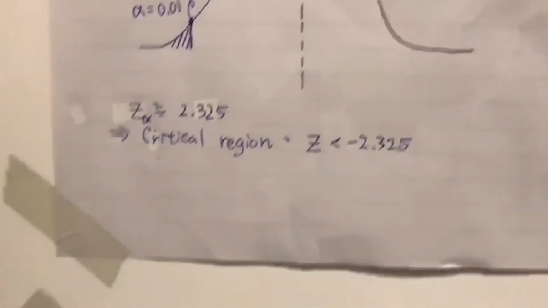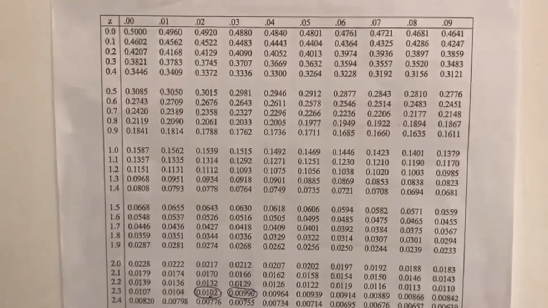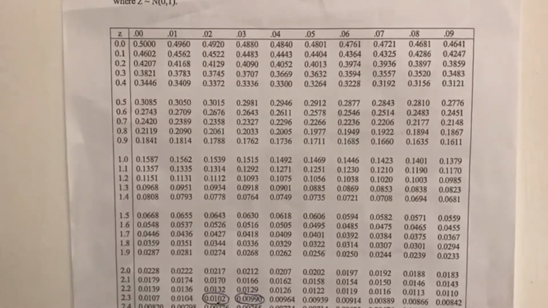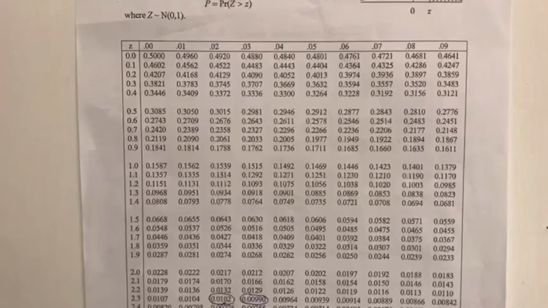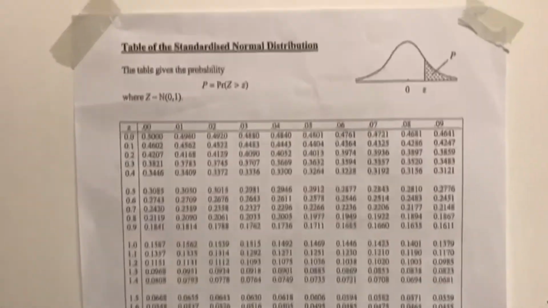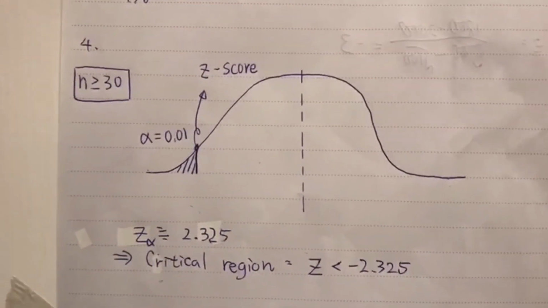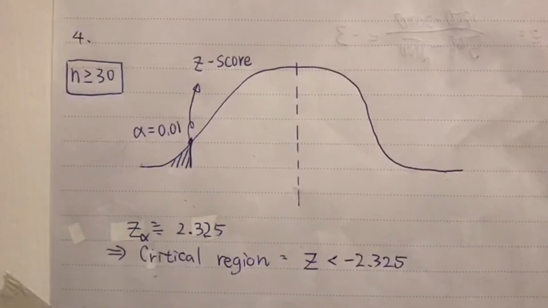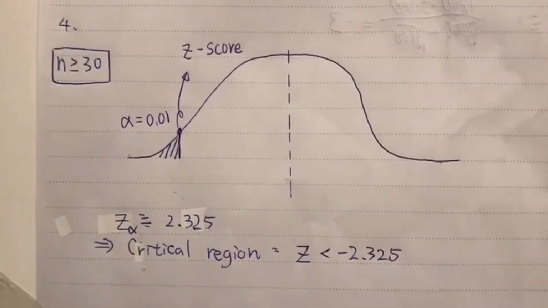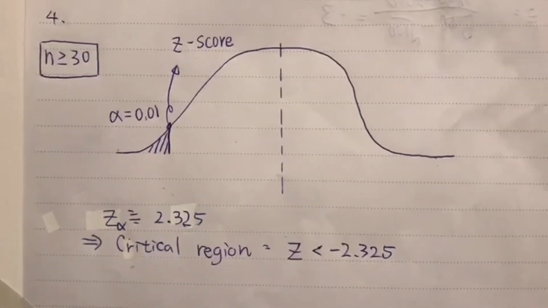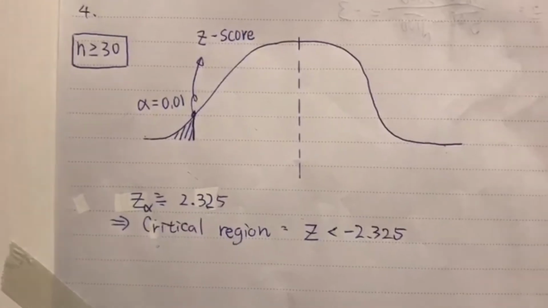According to the table, the value of the Z score is approximately 2.325. Since the alternative mean is smaller than 2,000, this would be the bottom tail, and therefore the critical region would be Z smaller than negative 2.325.